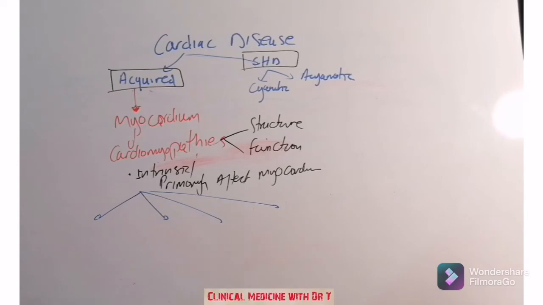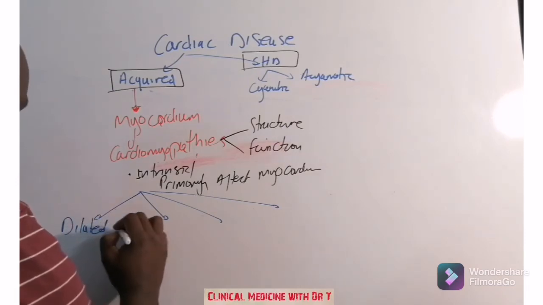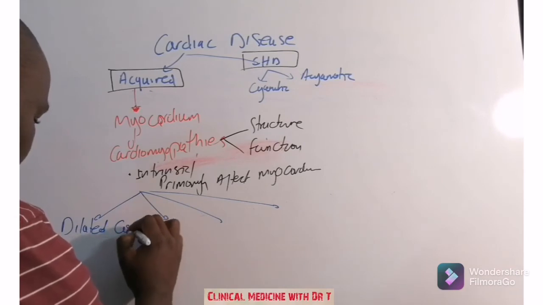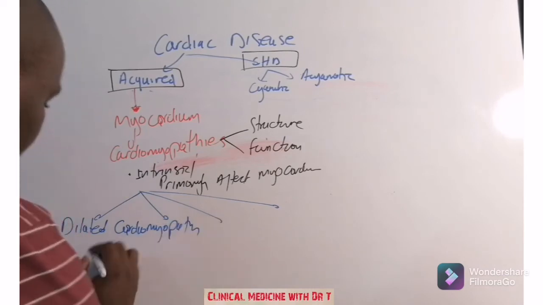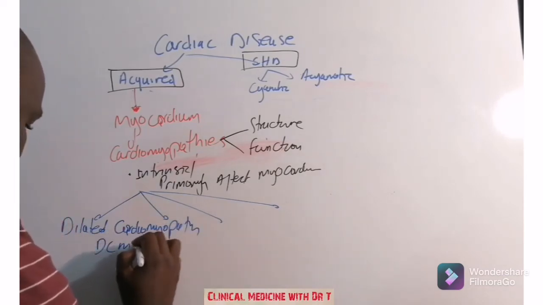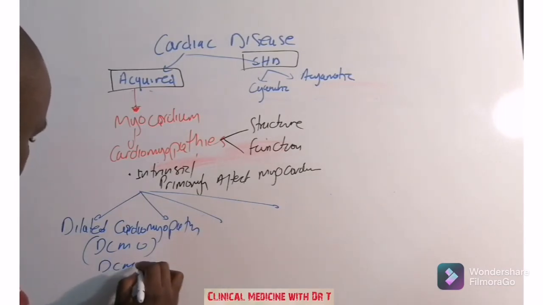So there are diseases of the myocardium that cause the ventricles to dilate. That's called dilated cardiomyopathy. Some people write it DCMO. Some people just write it as DCM.